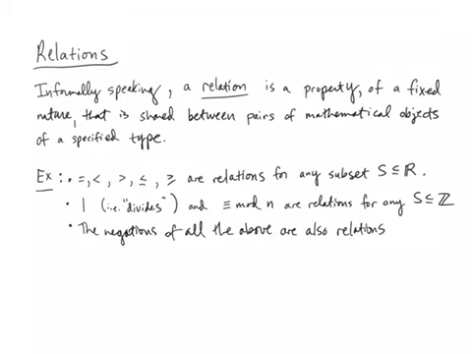Any two real numbers, you can compare and say whether they're not less than each other or they're not greater than or equal to each other. Any two integers, we could say that x doesn't divide y, or x is not equivalent to y mod n. So those are all properties that hold between pairs of mathematical objects.